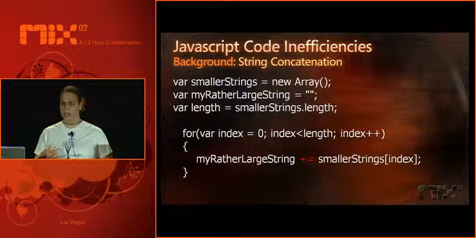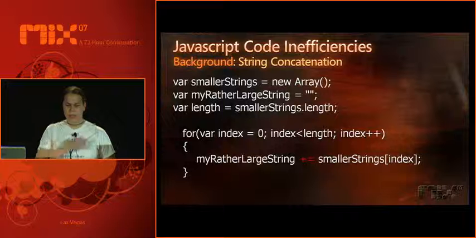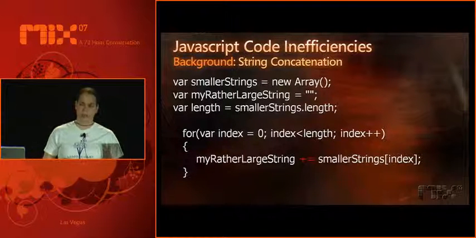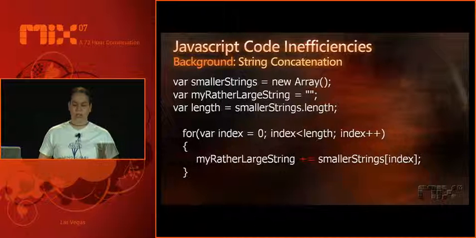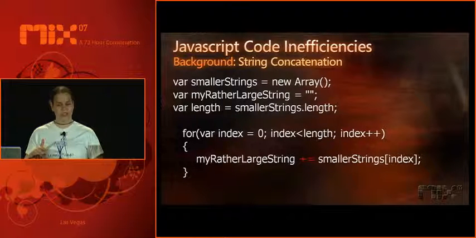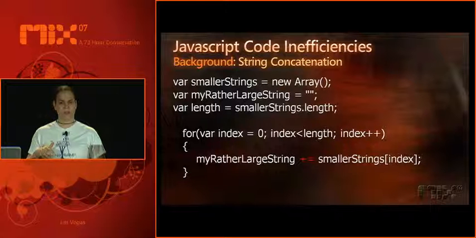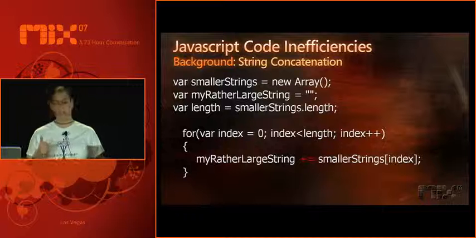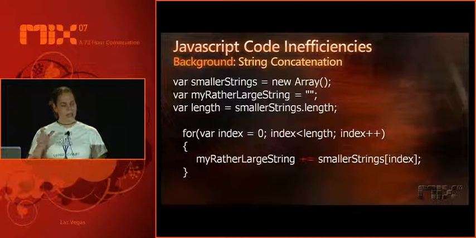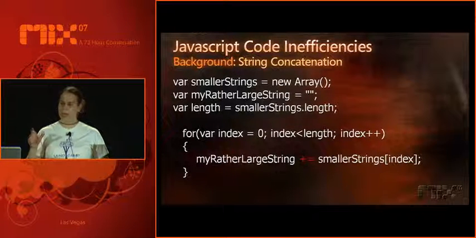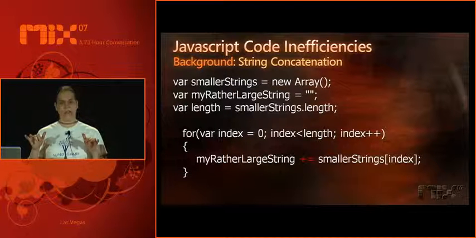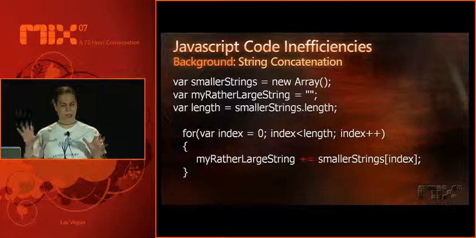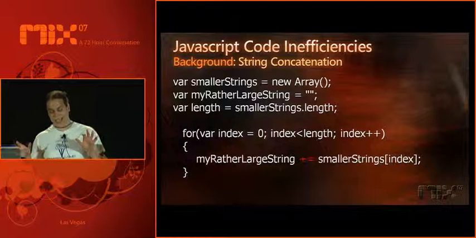String concatenation, through some investigation we found, is one of the areas where there are significant performance gains to be achieved. When you do concatenation in JavaScript with the concatenation operator, what actually happens is you do at least two moves. I have the string, and when I do the concatenation, I create a new string of the size of both of the strings that I'm concatenating.